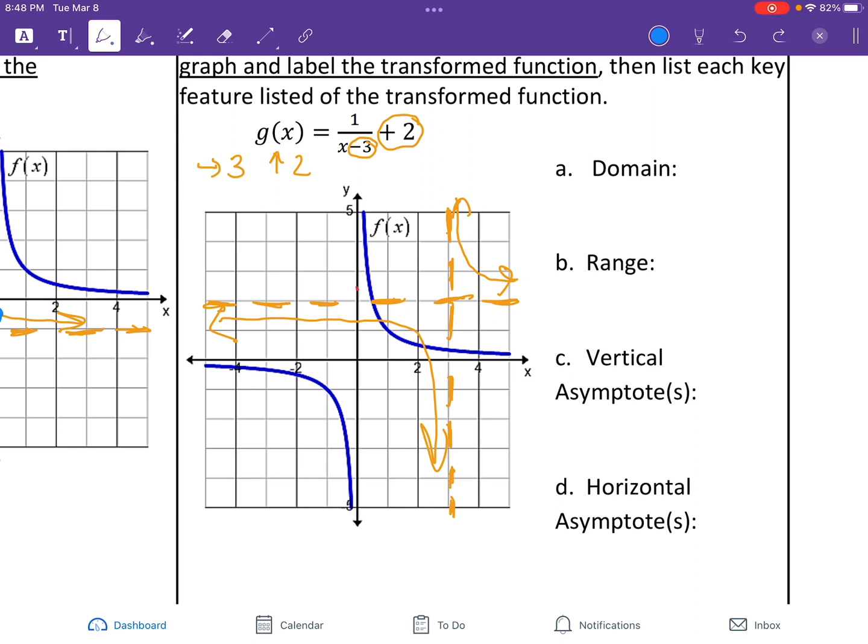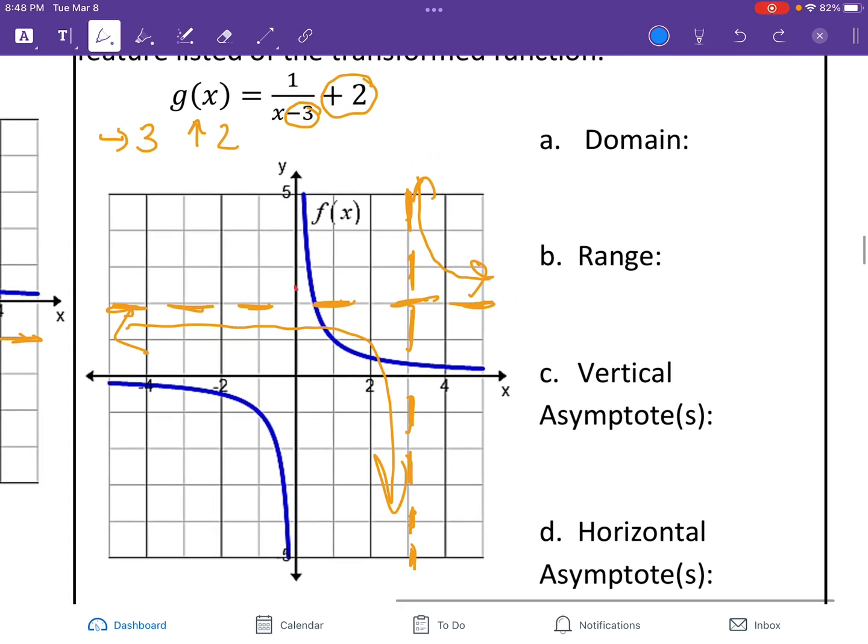Now you can do the vertical and horizontal asymptotes based on the transformations you did on the graph, or you can use it algebraically like we did before. It doesn't make a difference. It's the same thing. You should get the same answer. If you don't, then you're doing something wrong. Okay, for the vertical asymptote, just as a reminder, you take the denominator of your fraction, which is x minus 3, set it equal to 0, and solve for x.